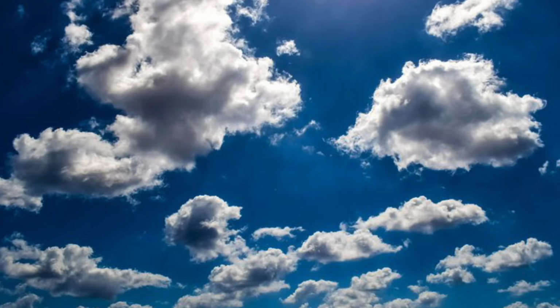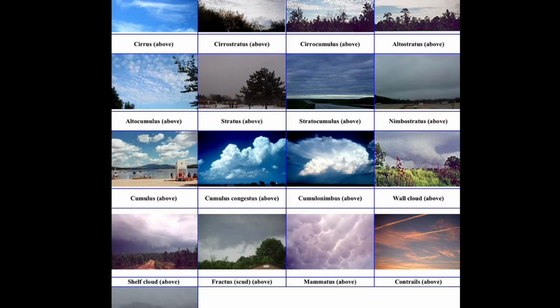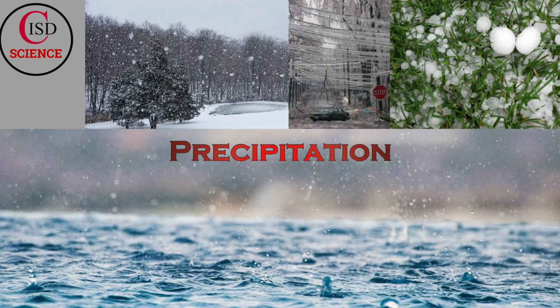Clouds are little drops of water or ice that are so light they appear to float in the sky. Clouds can look very different from day to day, and they all have very strange names, but they're all made of the same thing, little drops of water or ice crystals.